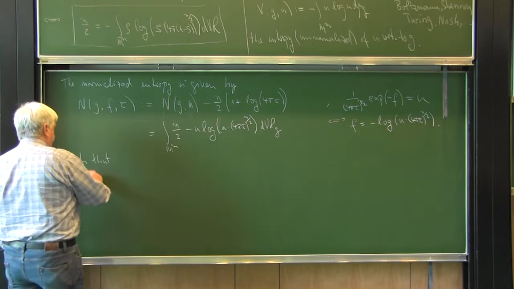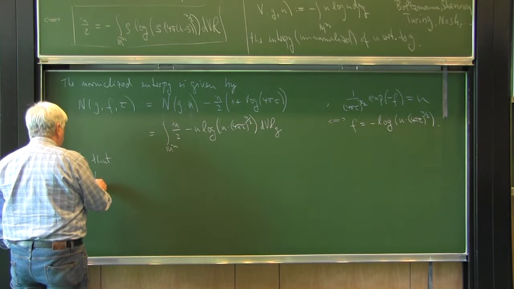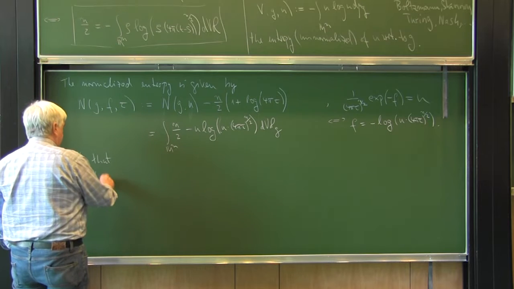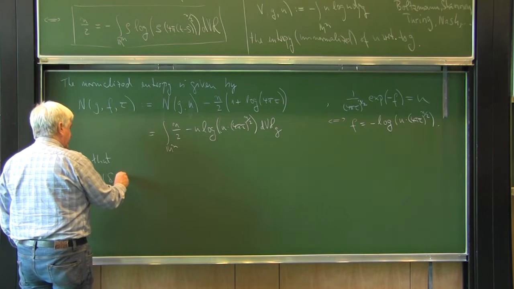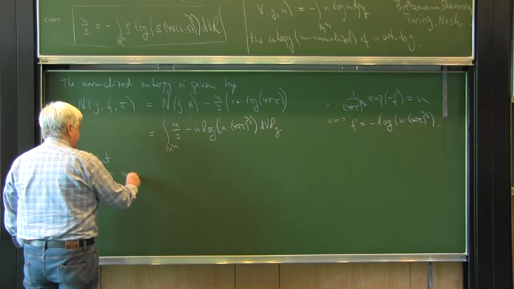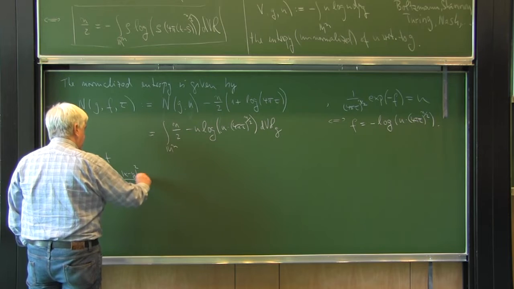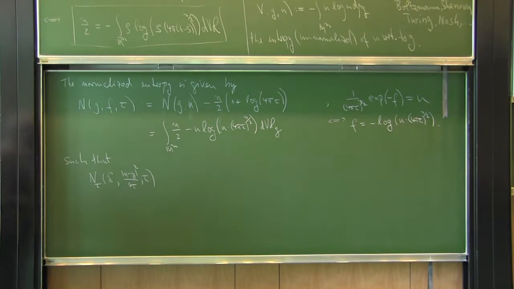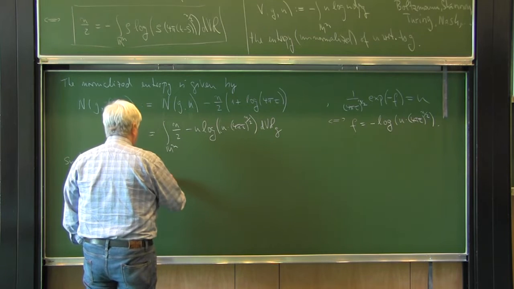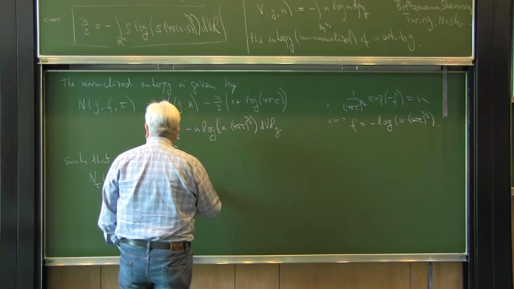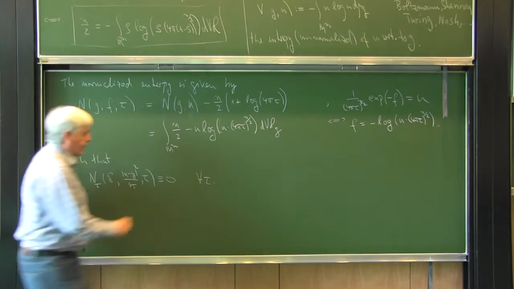So the entropy on Euclidean space, N of delta and tau, of the function f, which in Euclidean space is |x minus y|^2 over 4 tau, is identical to 0 for all tau, and for all y.